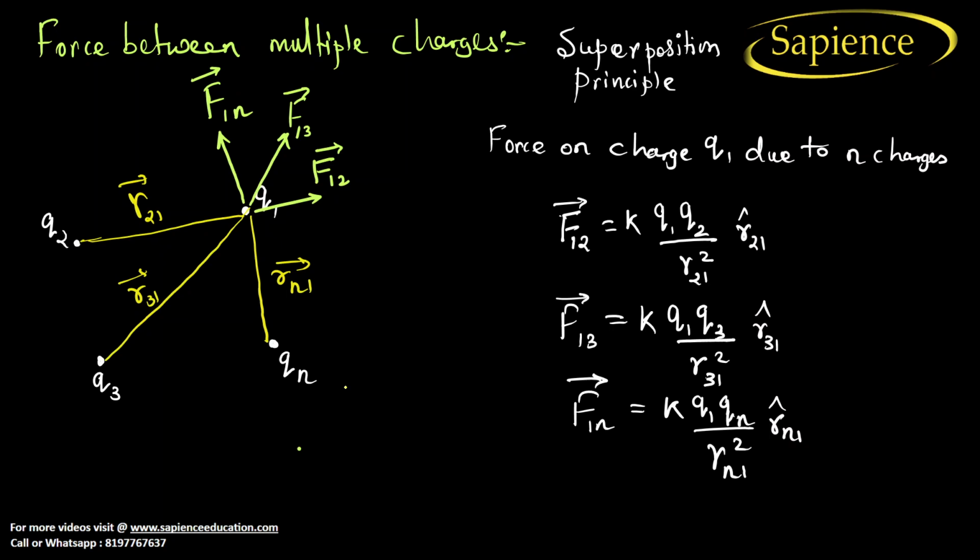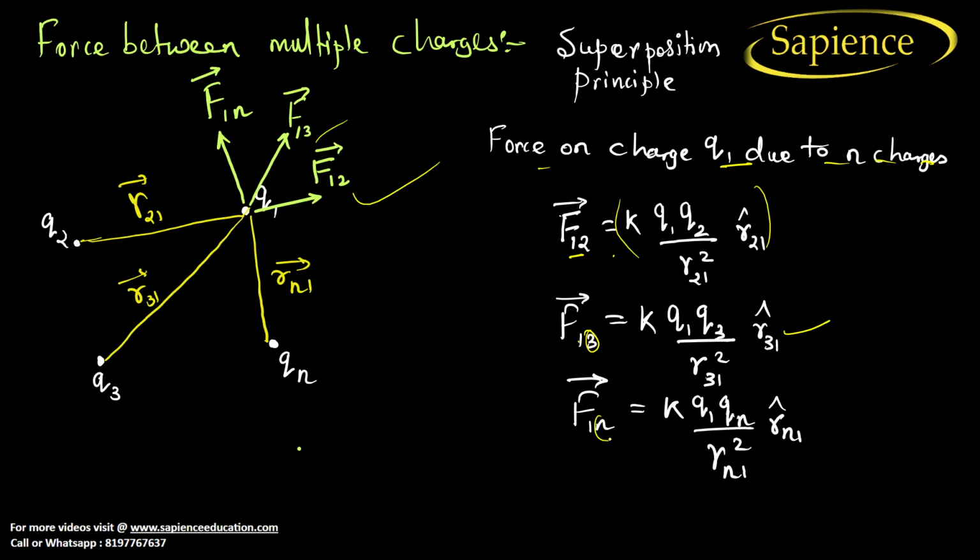Now we will talk about the basic things. You should always take it like this: force on a charge q1 due to n charges. Force on charge 1 due to charge 2 is equal to k q1 q2 by r21 squared. Force due to charge 3 on 1 is equal to k q1 q3 by r31 whole square, as we have already done previously.